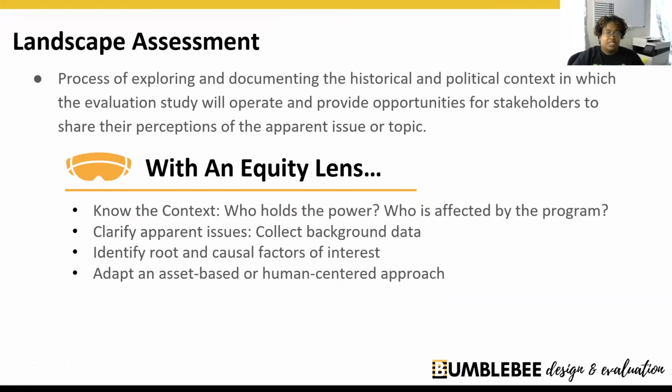Landscape assessment is also known by other names: discovery, evaluation planning, starting the evaluation. Essentially it's a process of exploring and documenting the context in which the evaluation study will operate. And with the equity lens, there are many things that you can do.